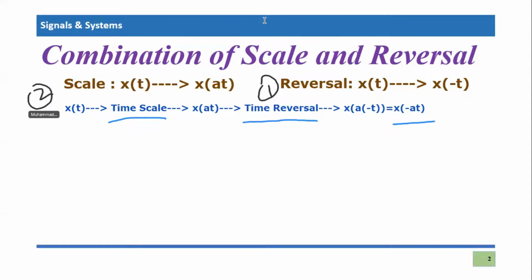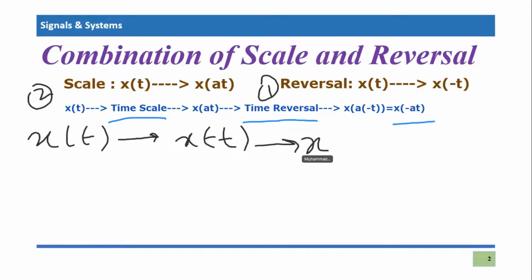If we apply the time reversal first, x of t will become x of minus t. And then we apply the time scale operation. So what is going to happen? t will be replaced with at, so the result will be x of minus at.